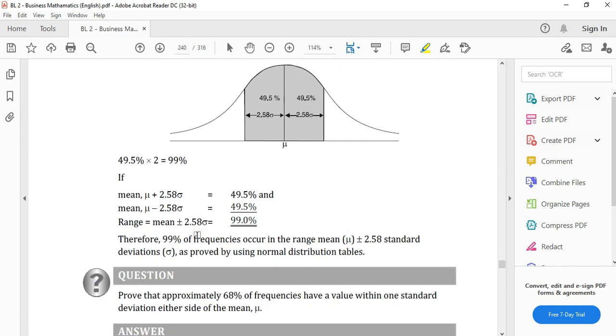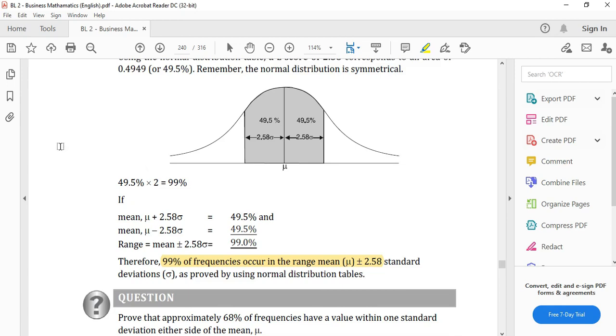Now if they say in the question that 99% of frequencies occur in the range mean plus or minus 2.58, we have learned how to write ranges in previous chapters, but here is a small refresher. If you look at this normal distribution curve, the middle value is always the mean.